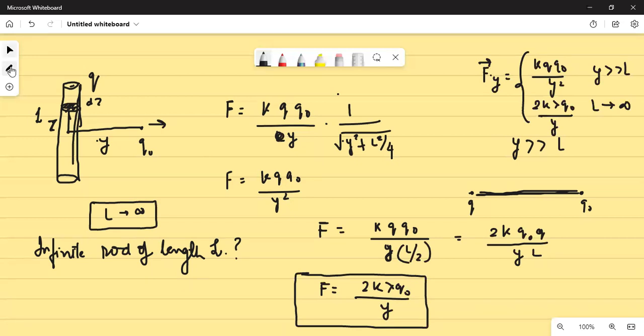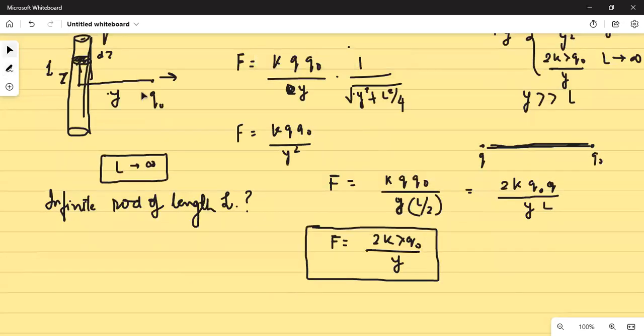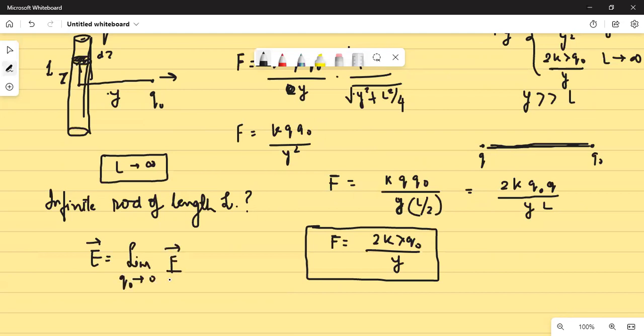Now, what would be the field that this particular rod would exert at this point? Instead of q naught, I can place a unit coulomb charge, so from whatever force is exerted on charge q naught I can extract my field. So the field is the limit as q naught tends to 0 of force vector F divided by q naught.